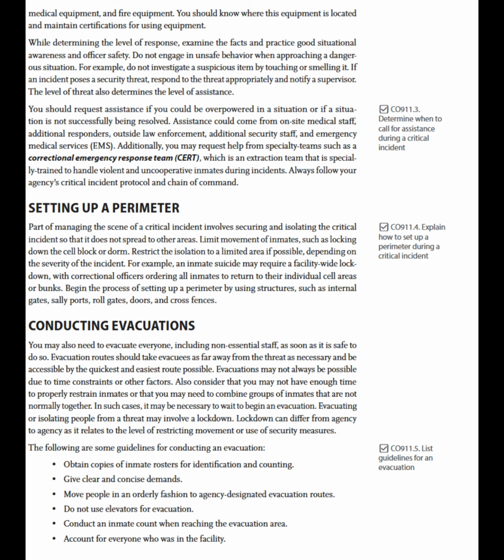Give clear and concise demands. Move people in an orderly fashion to agency-designated evacuation routes. Do not use elevators for evacuation. Conduct an inmate count when reaching the evacuation area. Account for everyone who was in the facility.